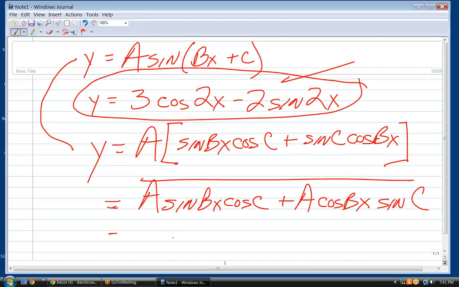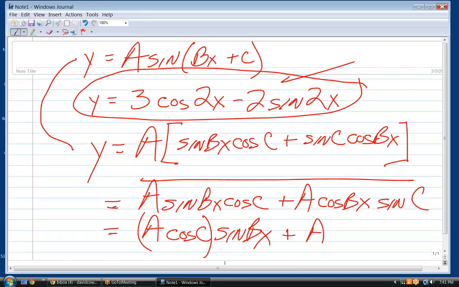Okay, so you're saying they wrote it a cosine c sine bx. Yeah, a cosine c is in parentheses. Well, I don't have a cosine c over here. Oh, sorry, a sine c. Okay. And then cosine bx. Okay.